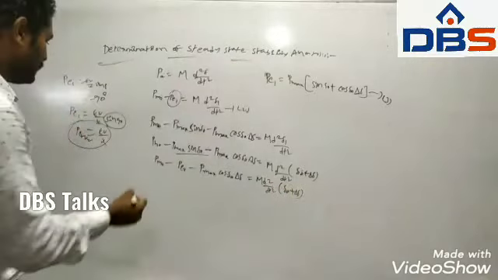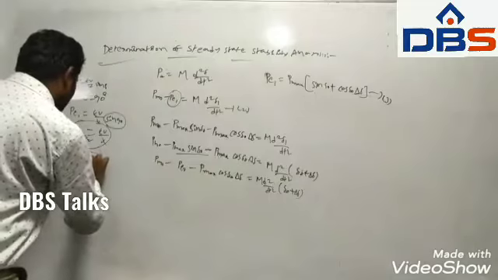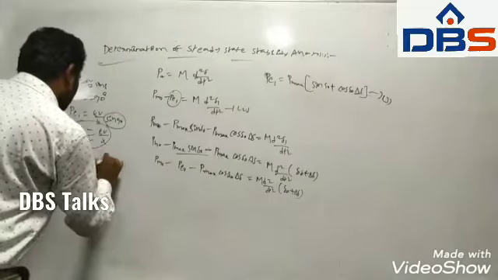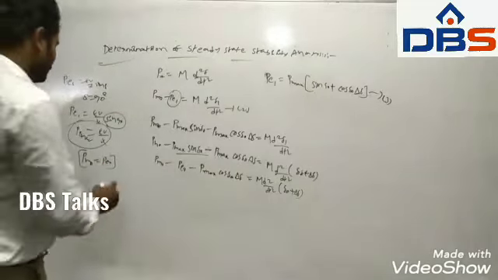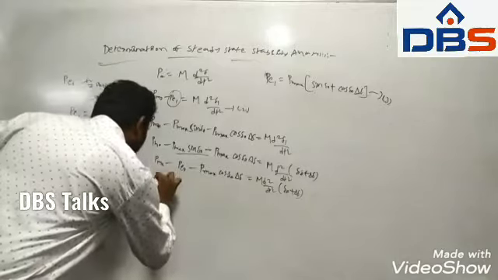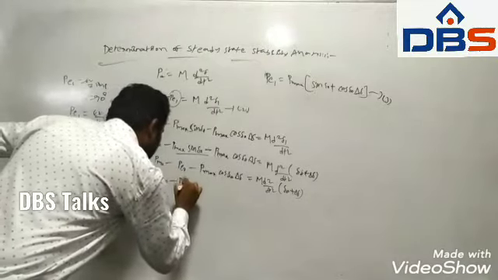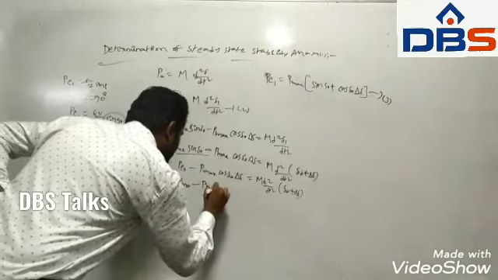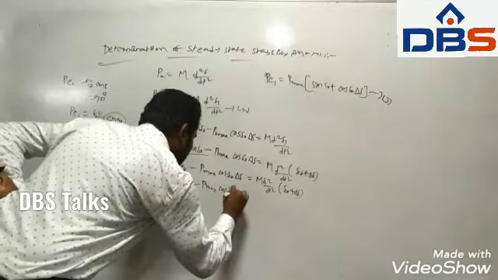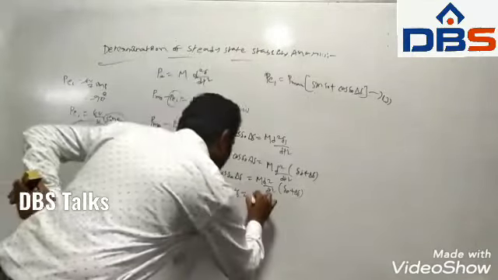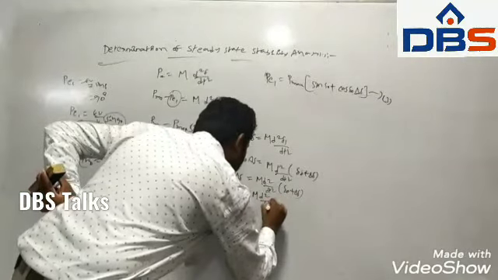Here we already know that Pm naught is equal to P naught at stable condition. So substituting this, Pm naught minus Pm naught minus P maximum into cos delta naught delta delta is equal to m into d square by dt square.